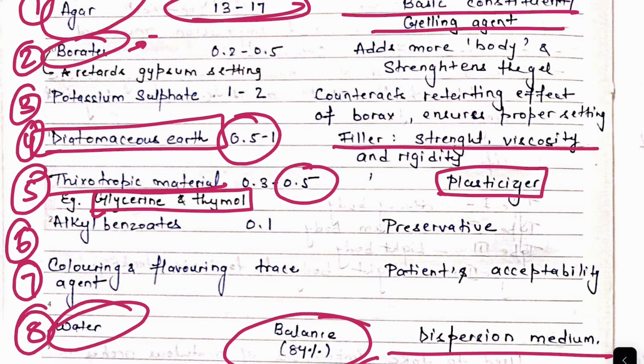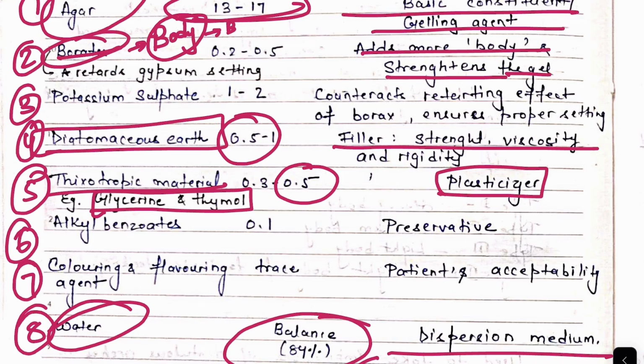Its main property is to add body to the powder or to the gel. So it increases the body, but what it also does, when we pour cast over our impression, it retards the setting of gypsum, so we don't want that. So borates add more body, give strength to the gel, but also retard the setting of gypsum.